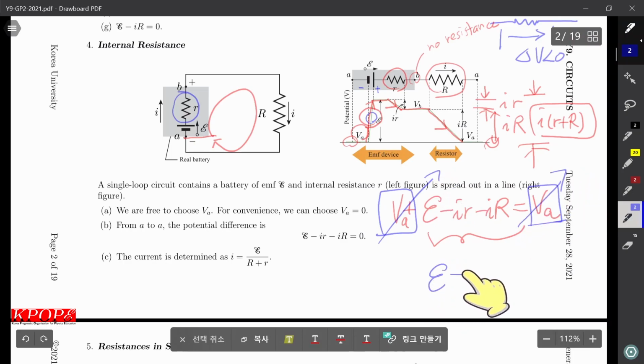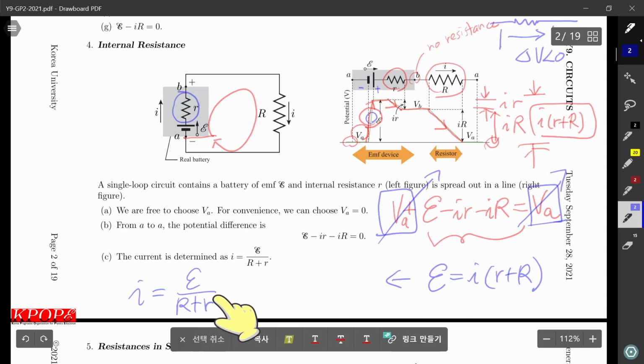Finally, you have r plus R. From here, current I equals E over capital R plus small r. If there is no internal resistance of the EMF device, it is just E over R. But because of the resistance of the EMF device, the denominator is modified like this.